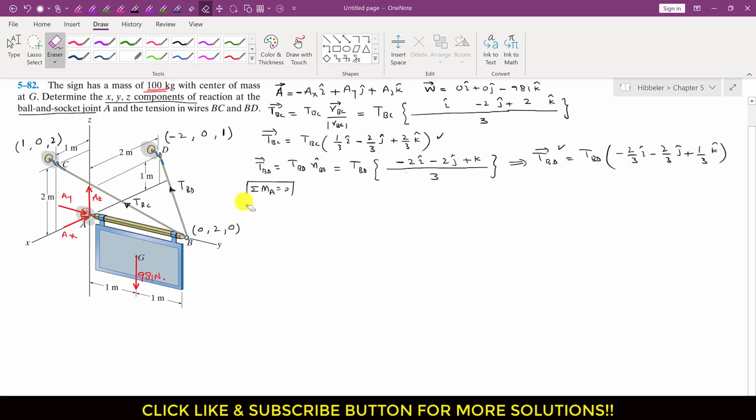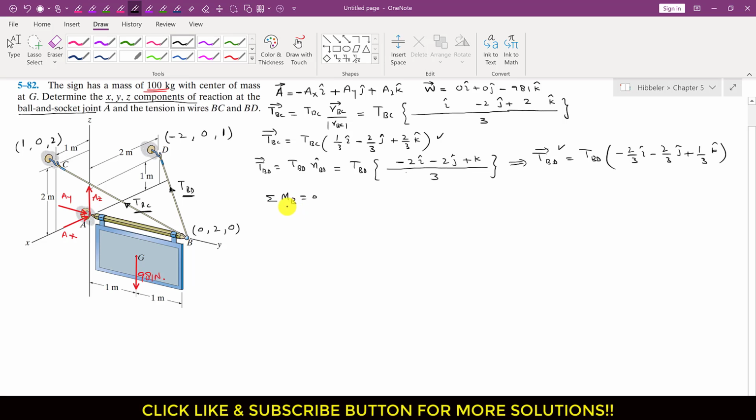But to solve this problem in a smarter way, I will apply the summation of moment about point B equals 0. Since the TBD force and the TBC force pass through that point B, they will not produce a moment about point B, right? So that will make our life easier, and that will give us some of the components of the reaction at point A, right?